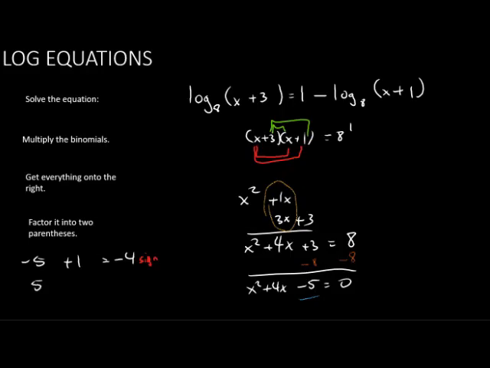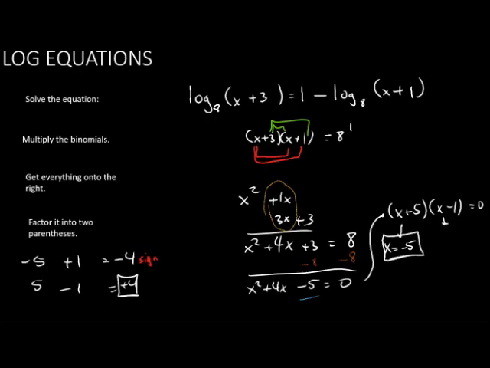Therefore, we'll use positive 5 and negative 1 to get that positive 4. When we factor, we end up with x plus 5, x minus 1 is equal to 0. If we solve the first piece, we'll end up with x equals negative 5. If we solve the other piece, we'll end up with x equals 1.